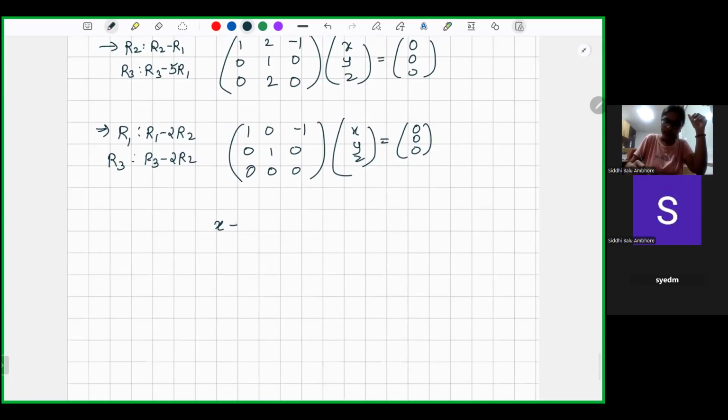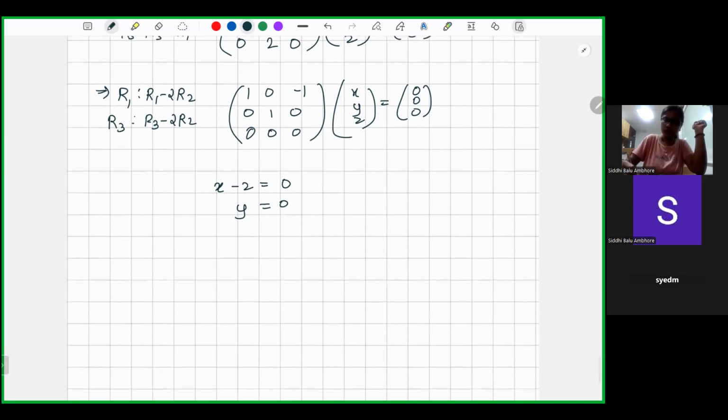So I get x minus z as 0 and y as 0. So this implies x is equal to z.